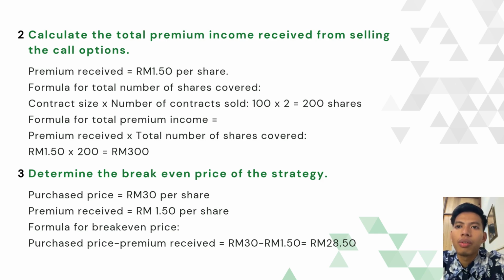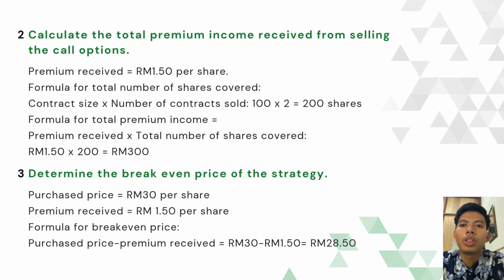Next, the formula to get total premium income is premium received multiplied by total number of shares covered. The calculation will be 1 ringgit 50 cents multiplied by 200 shares, and the answer we get is 300 ringgit.